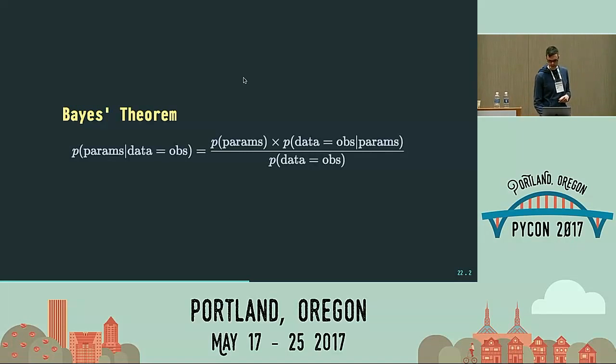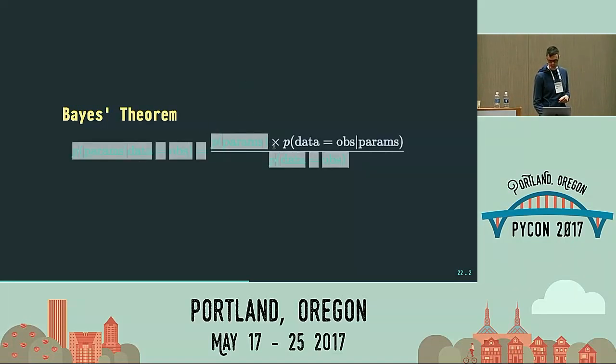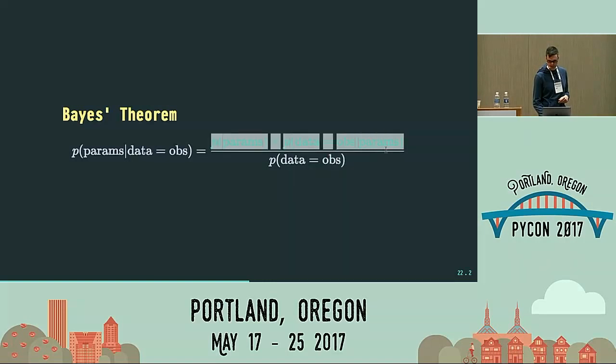On the right hand side, we have the joint probability. So this is just the numerator of this fraction here. This is the joint probability of seeing both parameters and data. And then you actually want to have the posterior on the left hand side.